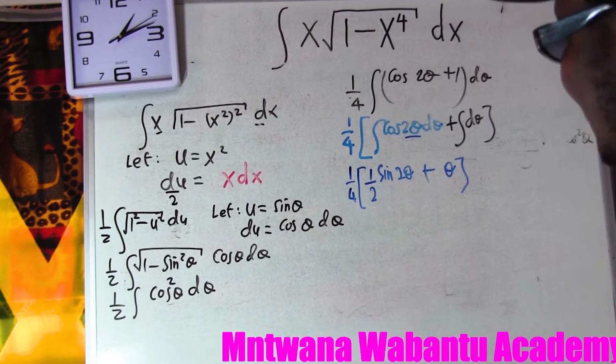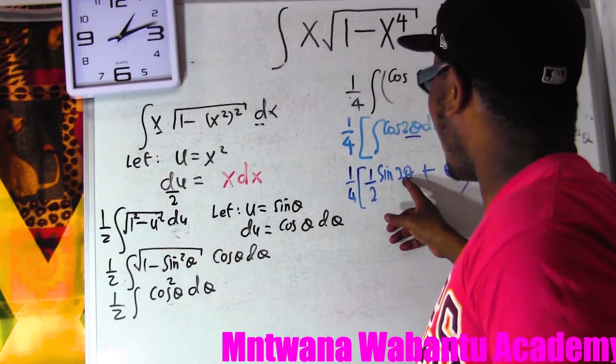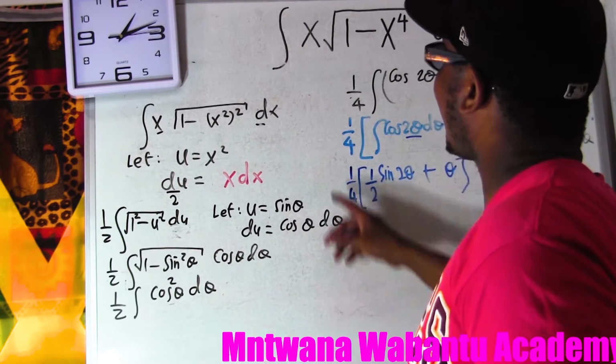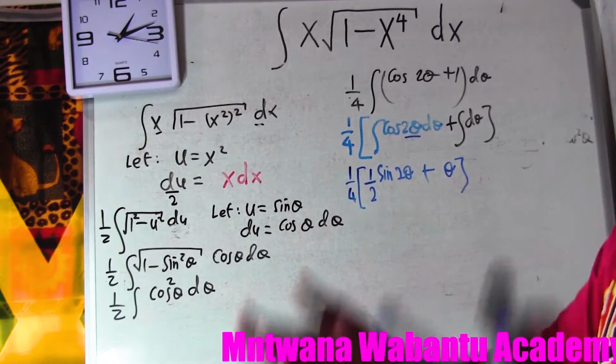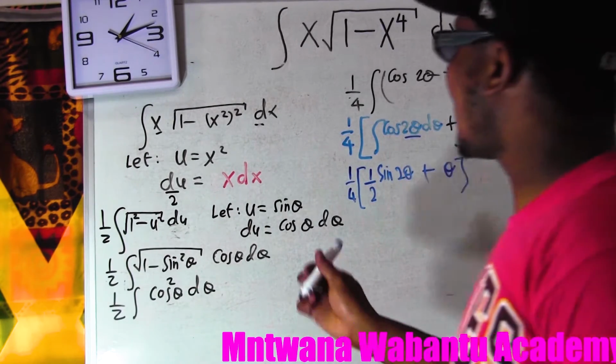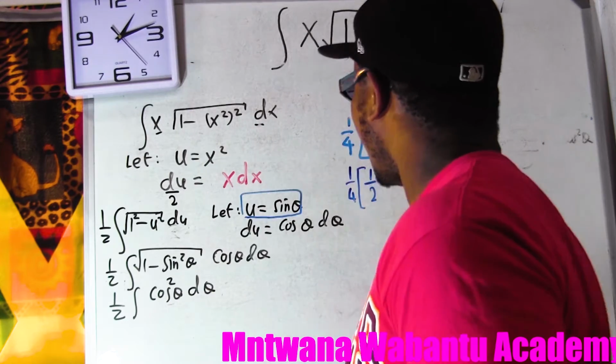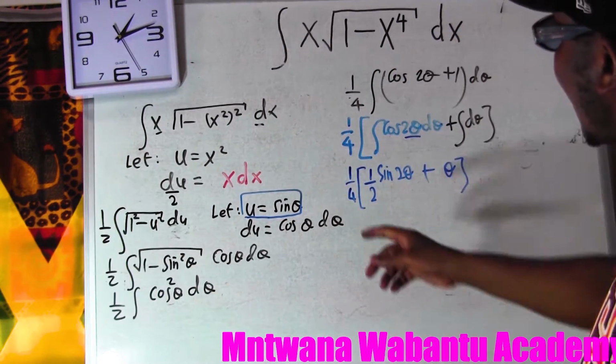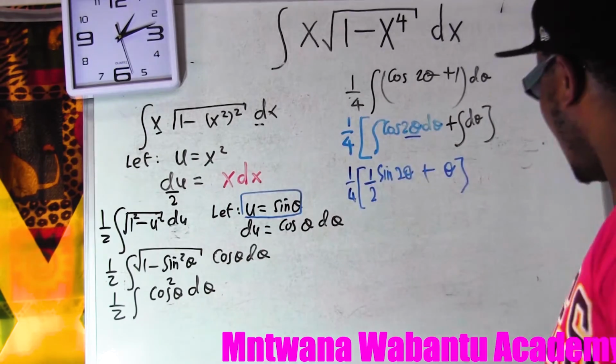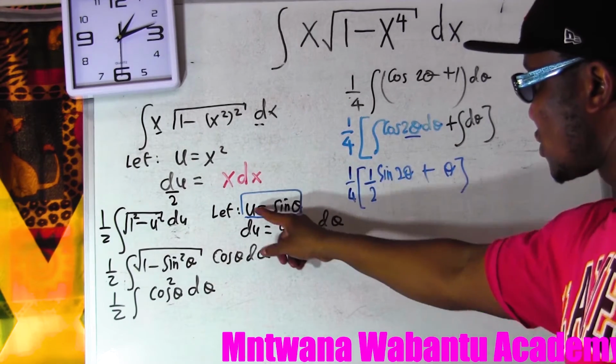What we're going to have to do, because the question did not give us in terms of theta, they give us in terms of x, is bring back everything in terms of x. So first, I'll take it back to u and then u to x. So theta equals sine inverse of u.